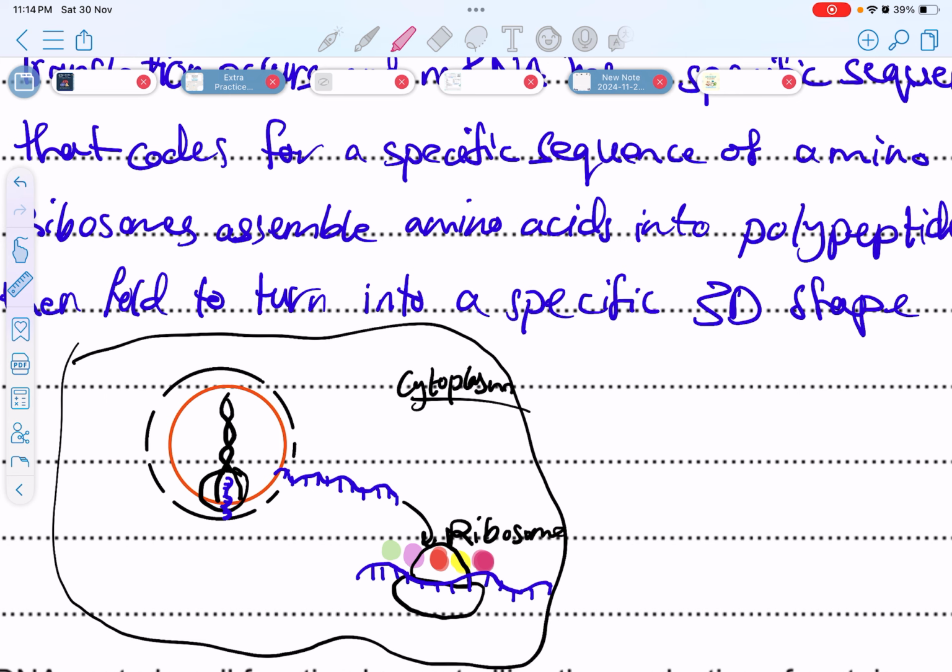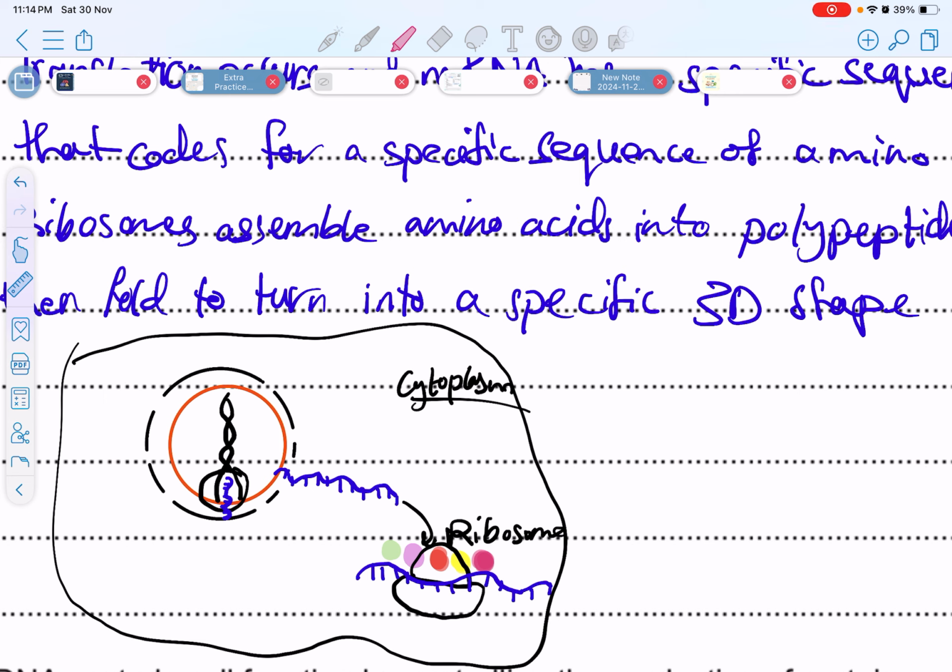Simply, mRNA can tell the ribosomes that the green needs to be put before purple or whatever. So the amino acids are put in the exact sequence based on the base sequence of the mRNA.